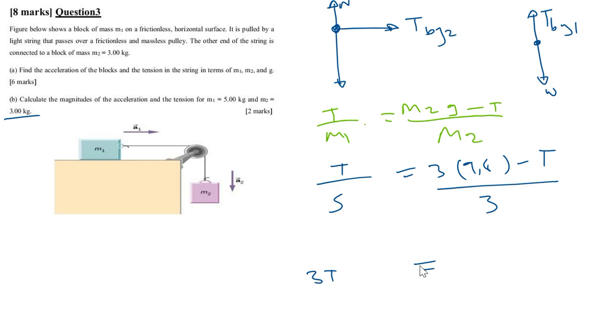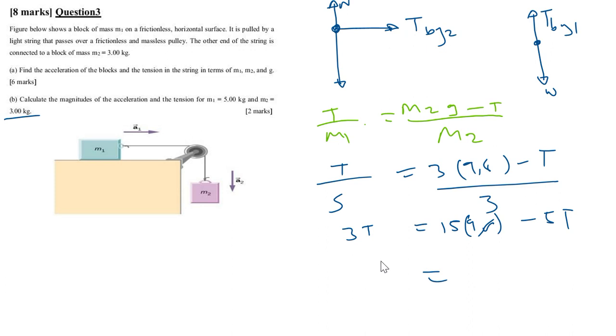So from here you can solve. Let me write it up. Cross multiply, you're going to have 3 tension, and here we are going to have this times this, which gives you 15 times 9.8, and here is going to be minus 5T. So I can take these 5T's to the other side.